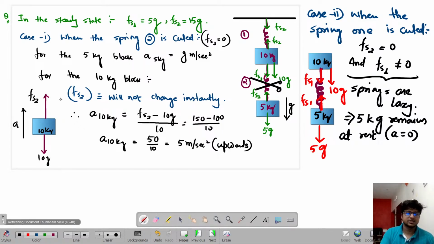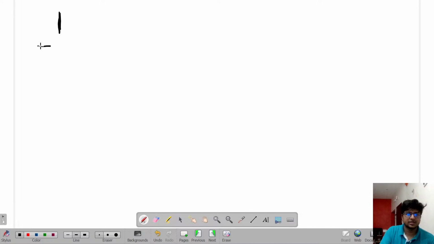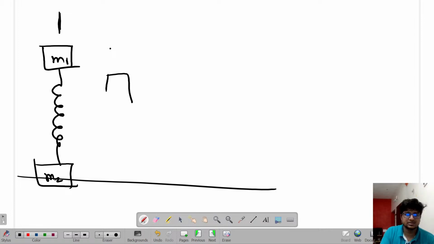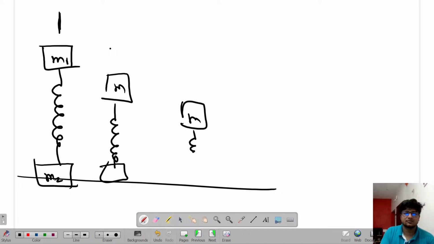What this means is, when I cut the first spring, the block on top starts to fall on this mass M2. See how this will fall: this one will remain at rest until this mass comes over here and compresses the spring, and until maximum compression happens, these both blocks will not move.